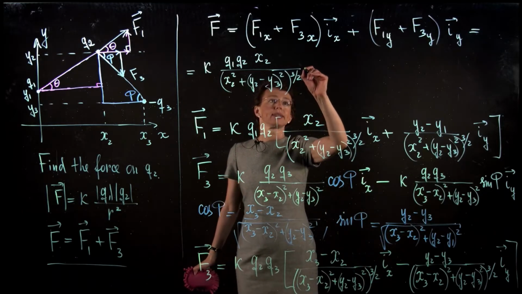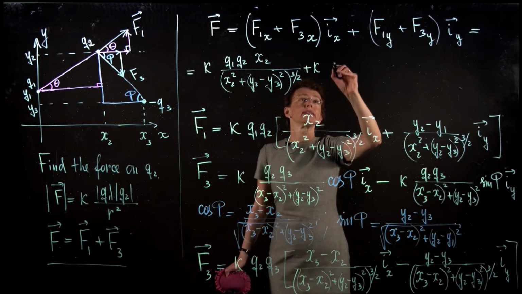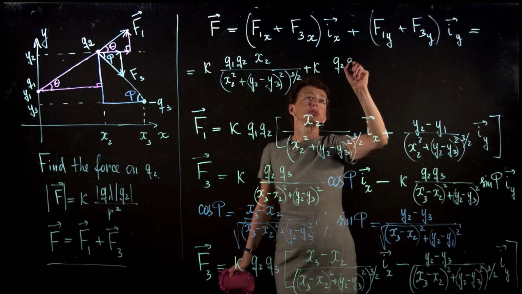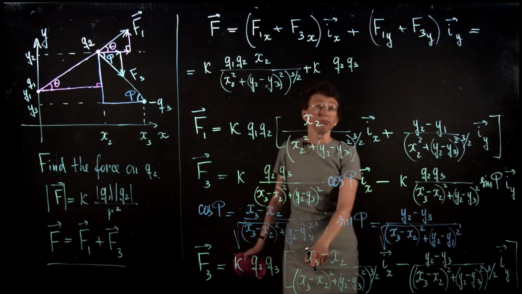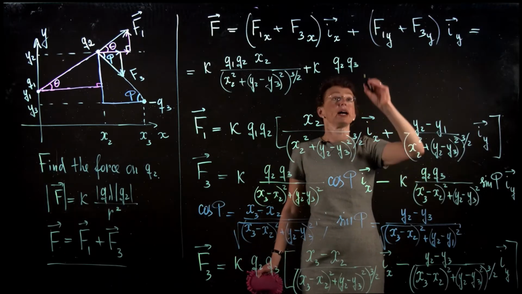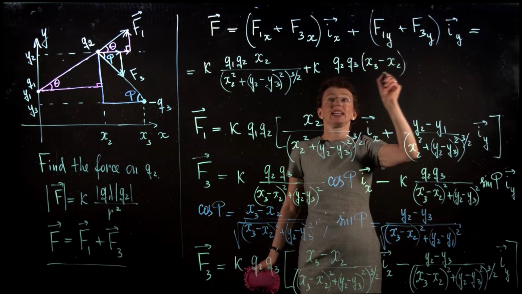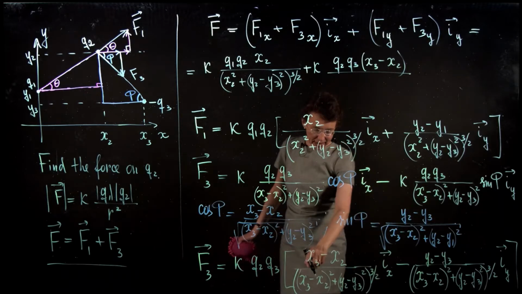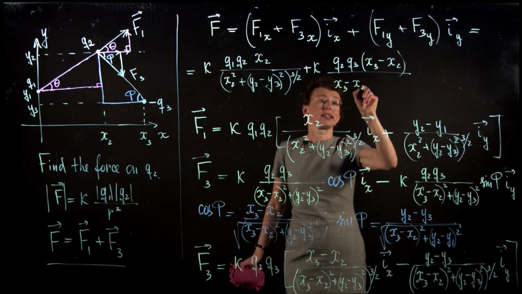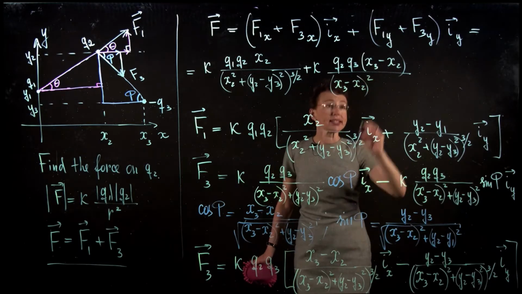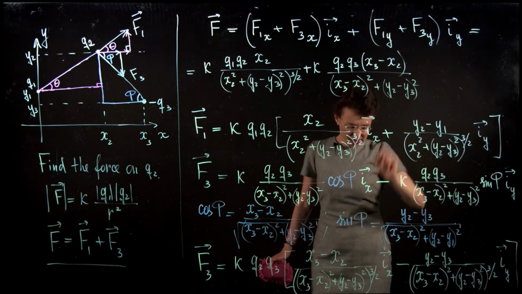So it is plus K Q2 Q3, times x3 minus x2, divided by x3 minus x2 squared plus y2 minus y3 squared to the 3/2.